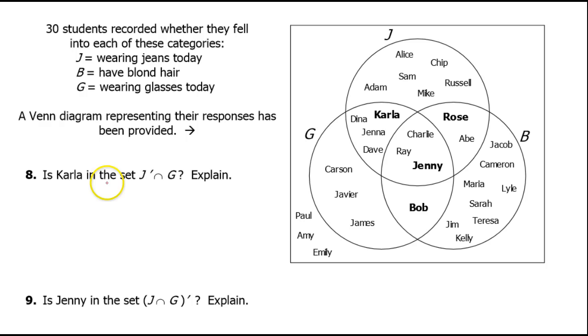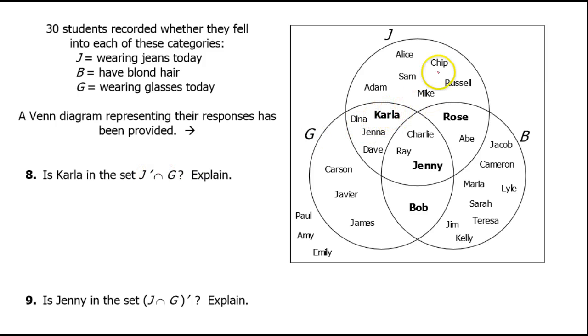Is Carla in the set not J and G? Okay, so not J. All right, so first of all, this means and. So if the answer to this is yes, then that means she has to be in both sets. So is Carla in the not J set?